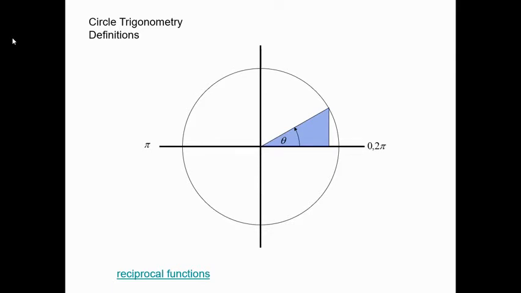All right, so let's take a look here. Notice that our terminal ray point is on the circumference at some point called (x, y).